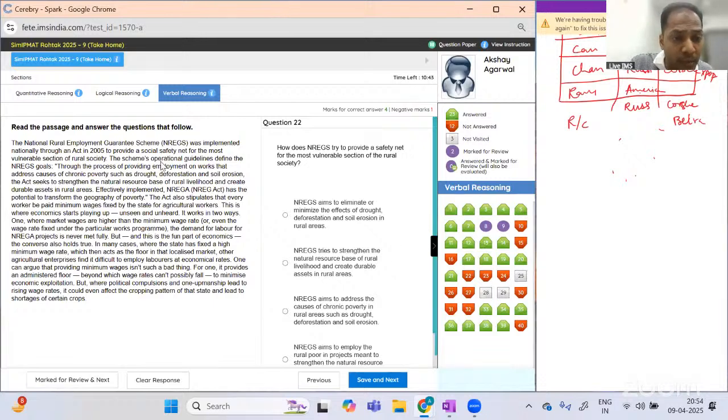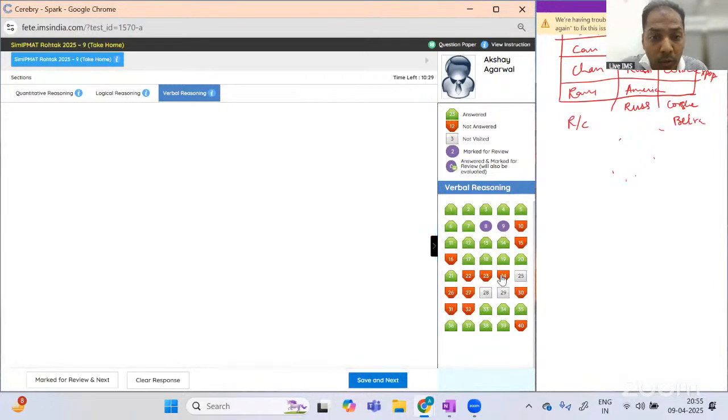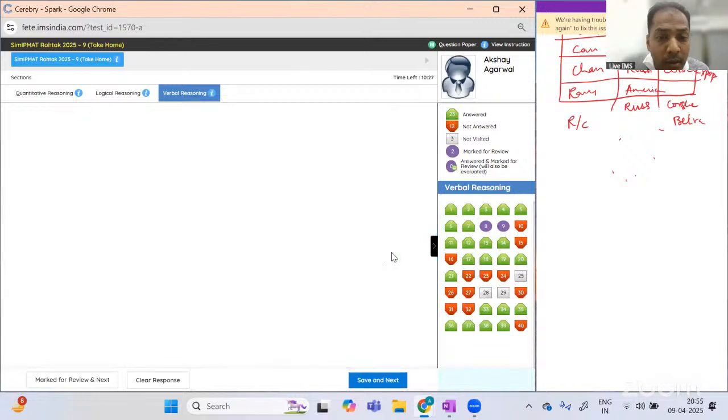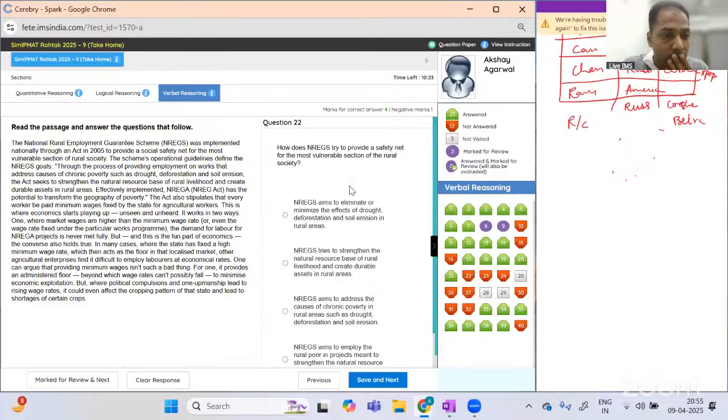The National Rural Employment Guarantee Scheme was implemented nationally through the Act to provide a safety net for the most vulnerable section of society. The scheme's operational guidelines define the NREGS goals. How does NREGS try to provide a safety net for the most vulnerable?